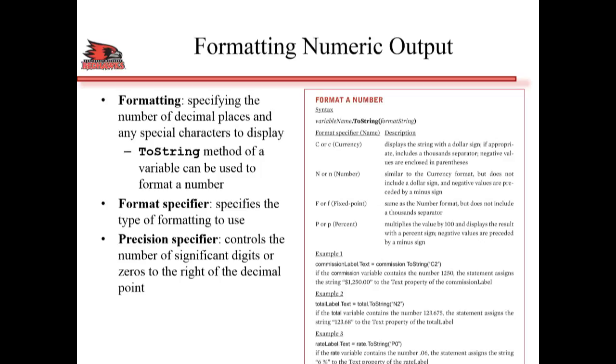And finally your percent format, which takes your numerical value, multiplies it by 100, and displays a percent sign at the end. For negative values, the currency format encloses the negative values in parentheses, while everything else just puts a minus sign in front of the number.